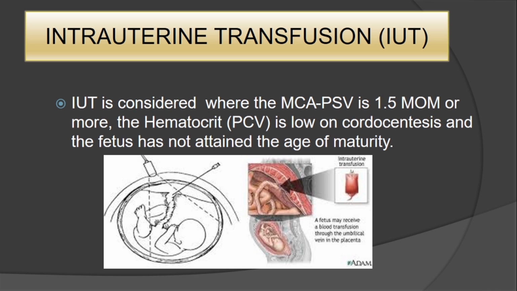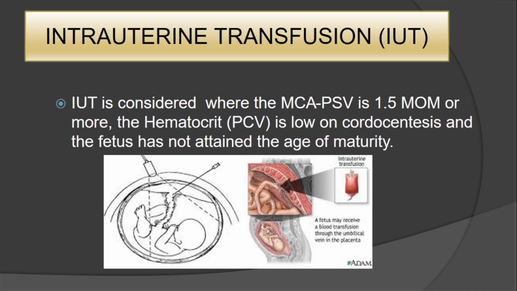Now, if the middle cerebral artery peak systolic velocity is greater than 1.5 multiples of the median, then we have to be sure that the hematocrit is not low, because that is showing that the fetus may be suffering from significant anemia.